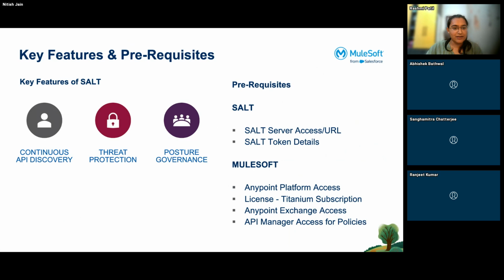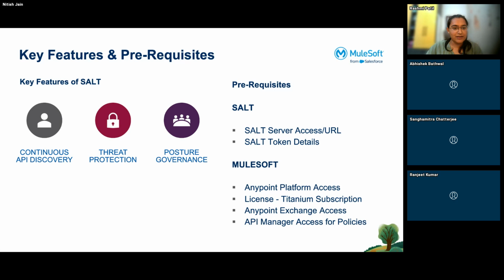There are prerequisites when it comes to Salt. The first is that we should have Salt server access and the URL details, so a subscription and Salt token details. Coming to MuleSoft, we should have MuleSoft Anypoint Platform access, and most important, a Titanium subscription and Exchange access.